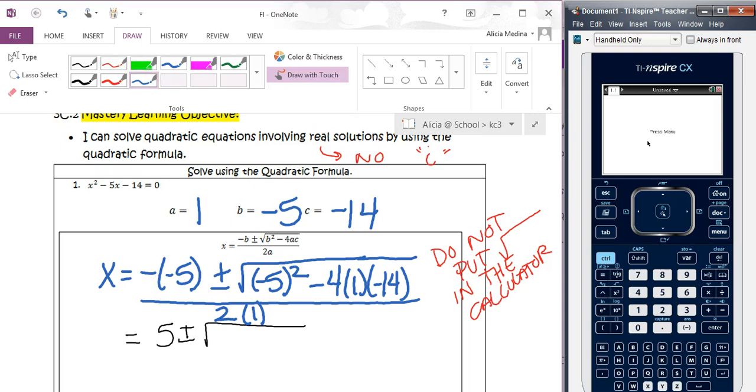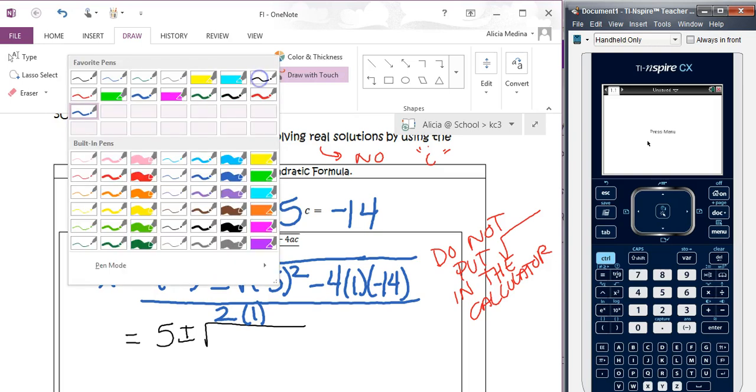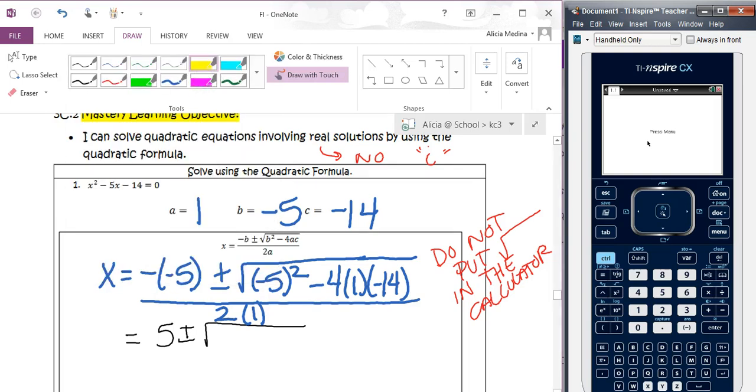So let's go to our calculator, and all I'm going to do is substitute everything that's underneath the radical, not the actual radical, using parentheses and everything.